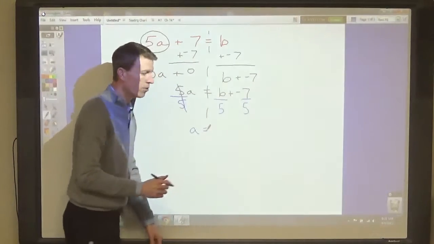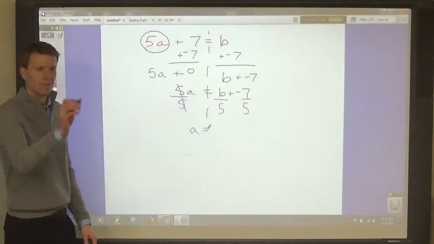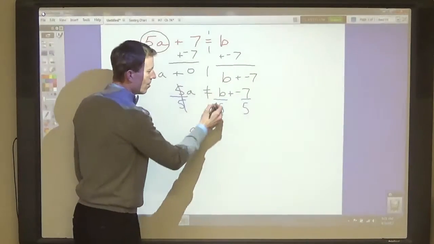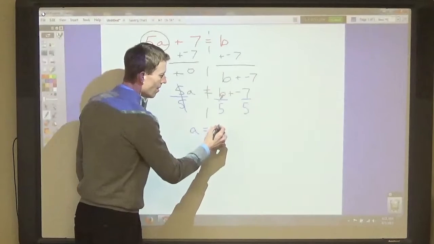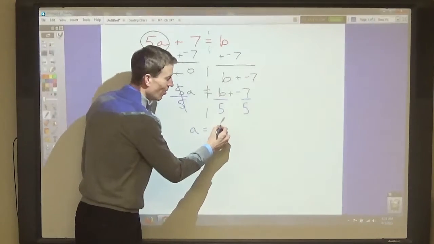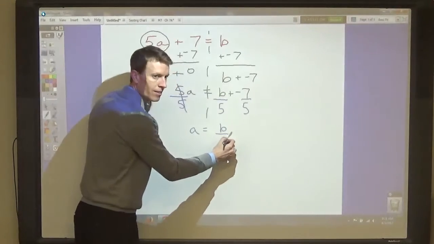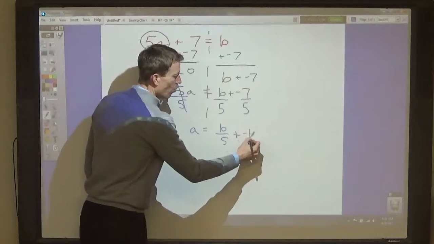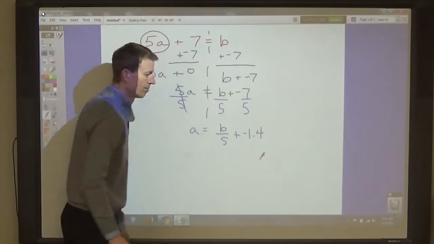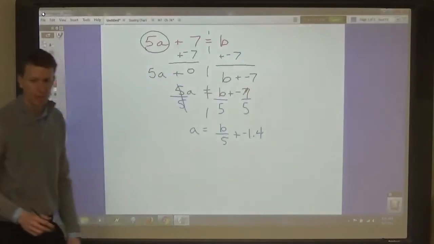So a is equal to what? Negative 1.4, and b over 5. So it's b over 5 plus negative 1.4. Or we could just leave it as the fraction.